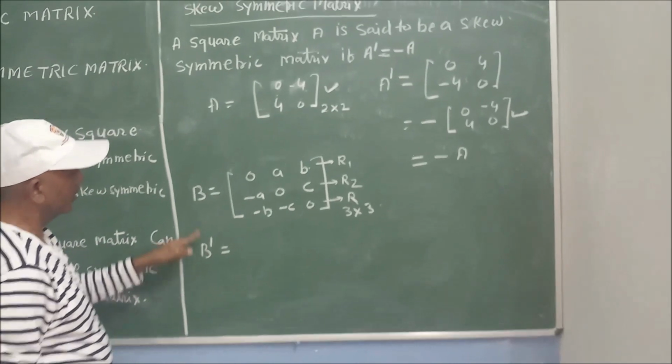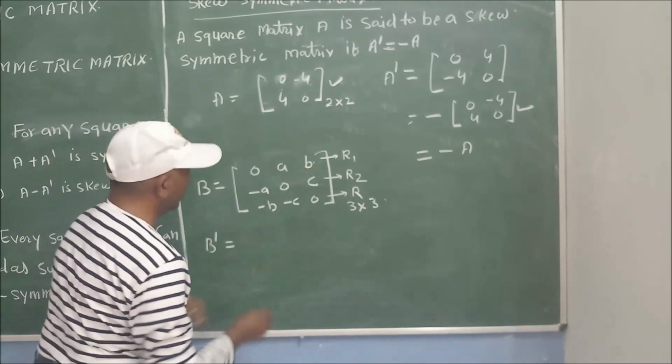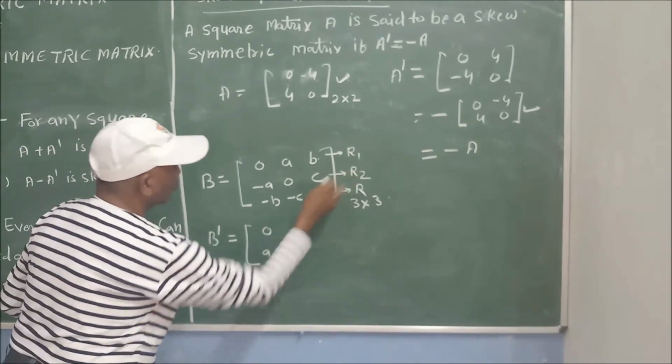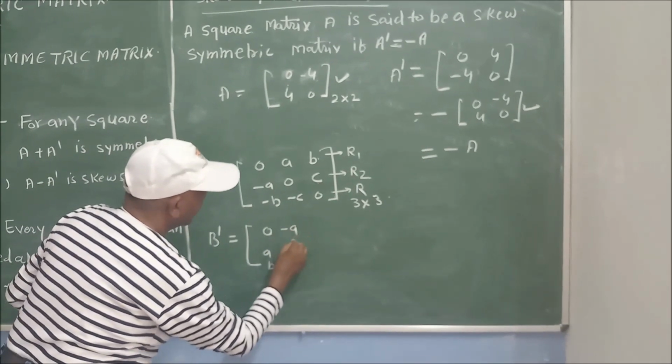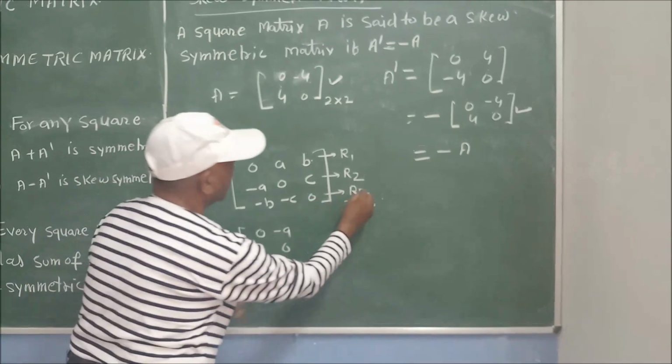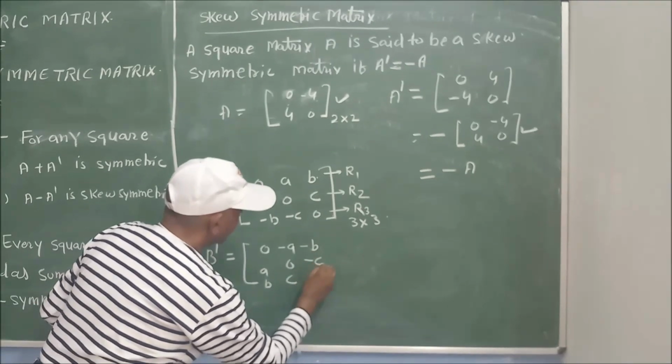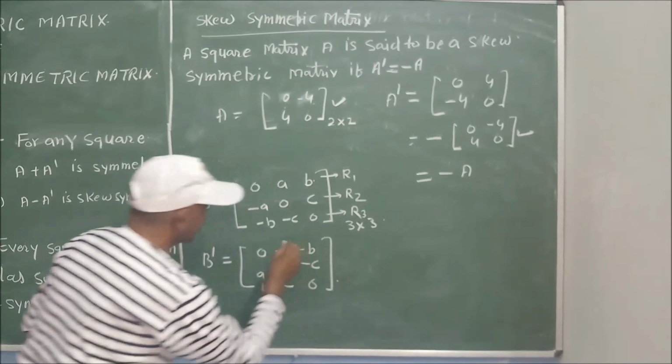So B transpose: write R1 in place of C1, so this will be equal to 0, minus a, minus b. R2 in place of C2: a, 0, minus c, and R3 in place of C3: b, c, 0. And take minus as common.